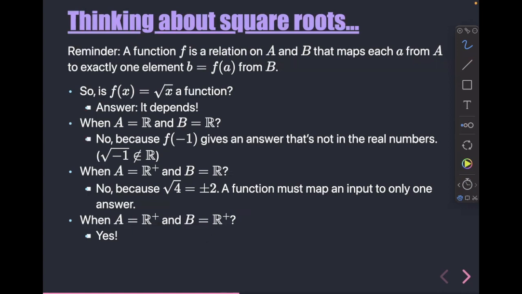That's going to exist in R plus. So there is an answer that exists in R plus, and there's only one answer. In other words, negative 2 is not in R plus, so we don't have to worry about that now.